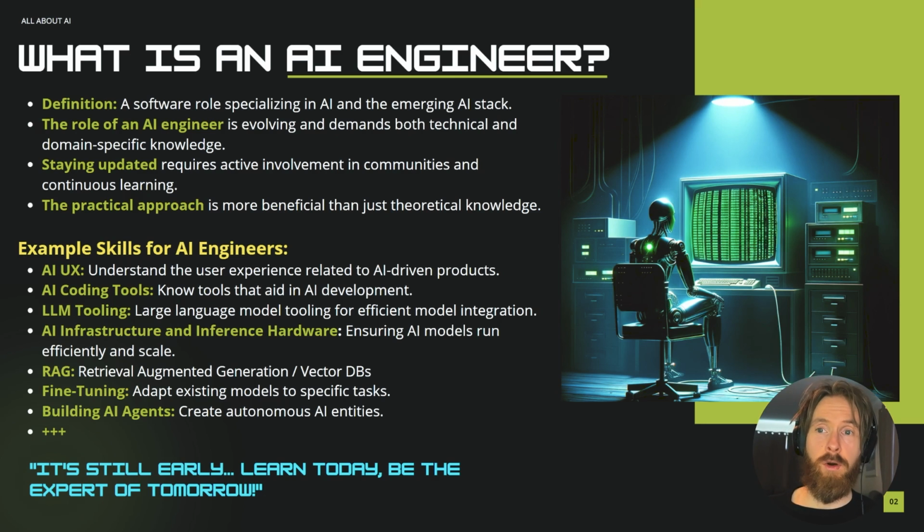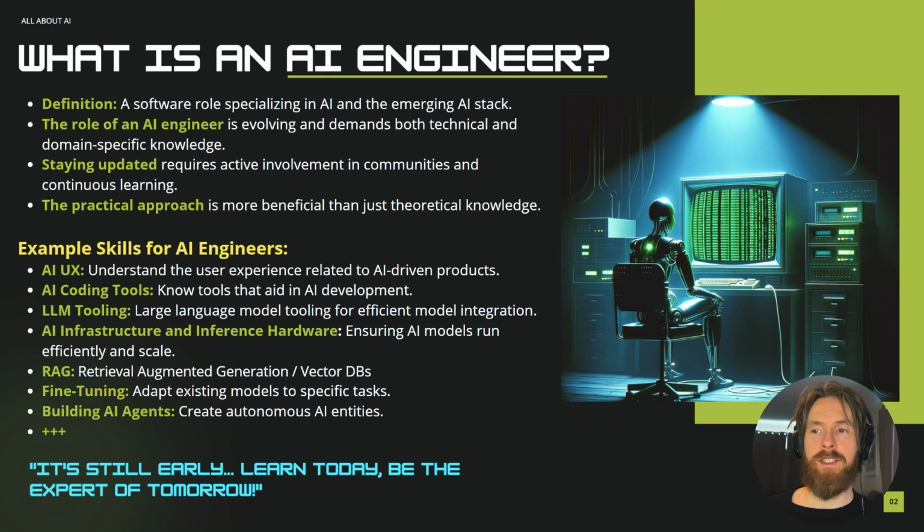AI engineers should know about coding tools like GitHub Copilot and other stuff, LLM tooling, all the large language models, right? Open source, closed source. You should know probably a bit about infrastructure and inference hardware like GPUs, clouds, clusters, but I don't think that's maybe so important.